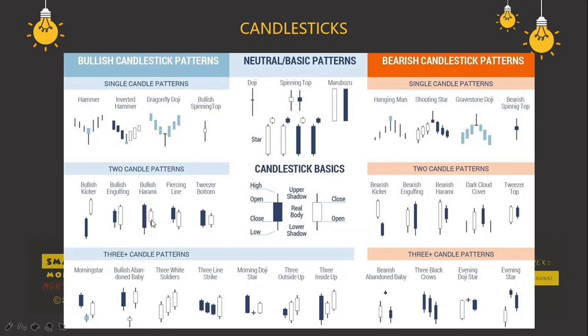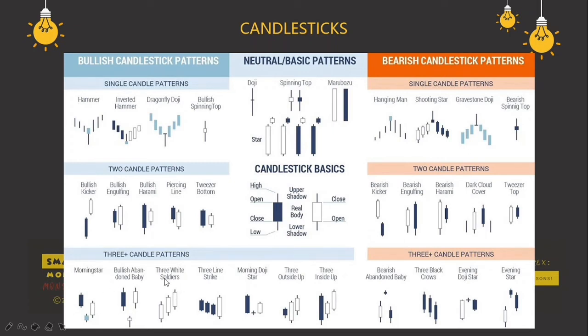The next one, look at this one, bullish harami. It's basically a bullish candle following a bearish candle. Here you can see it's within the body of the previous candle. The opposite is what you have for the bearish candle.